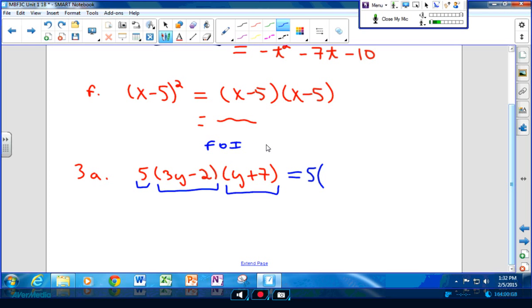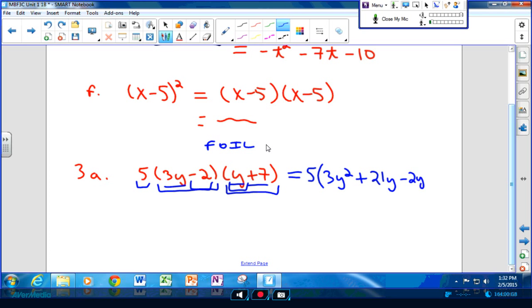F-O-I-L. Okay, so 3y times y is going to be 3y squared. Outside is going to be 3y times plus 7, so it's going to be positive, and 3 times 7 is 21y. Inside I have negative 2 times y, it's going to be negative 2y.